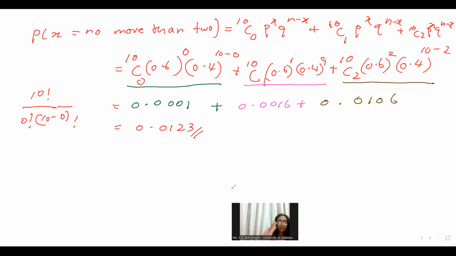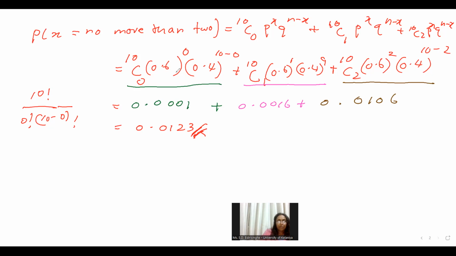So what we did here, we found if there are 10 people belonging to a trade union, we have to find the probability of getting X no more than 2. How we can find, first find 10C0, and secondly 10C1, thirdly 10C2. So find the answers and get the final answer, and verify with my answer.